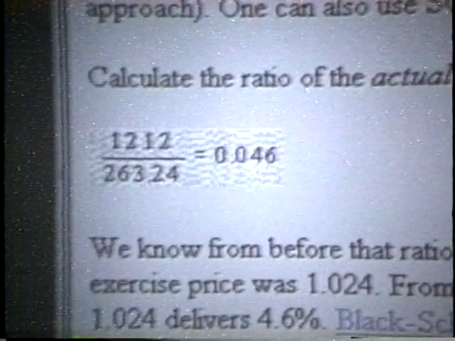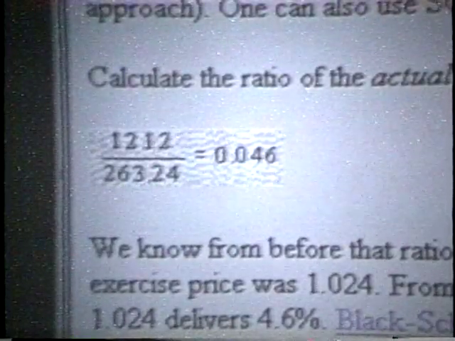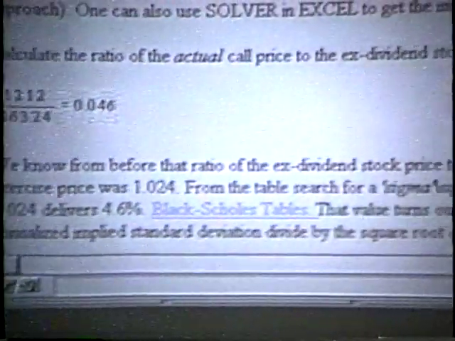Okay. And then what we're going to do is go to the Black-Scholes tables, and look down the column of 1.024 and search for the cell that's 0.046. Okay, so let me put that up.